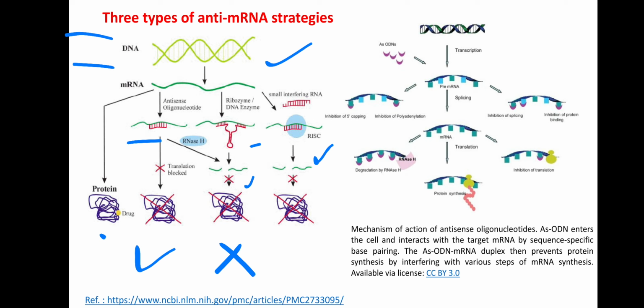Simultaneously, the antisense oligonucleotide molecules also stop capping, polyadenylation, pre-mRNA processing, splicing, and post-splicing, and stop translation activity. They block the ribosomal binding site, causing inhibition of translation. So these are the different categories of activity done by antisense molecules.